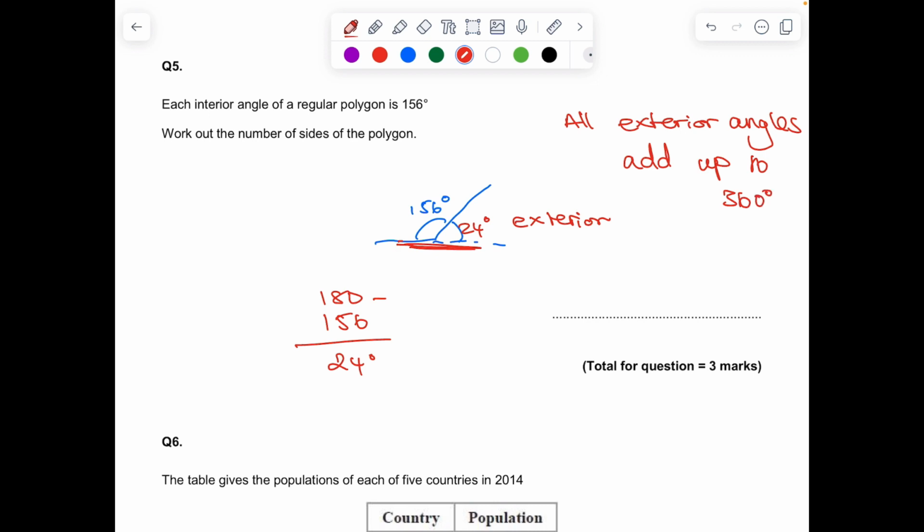It could be a 10,000 sided polygon and the exterior angles would still add up to 360. So all we have to do now to get our answer is 360 divided by 24, which gives us 15 sides.